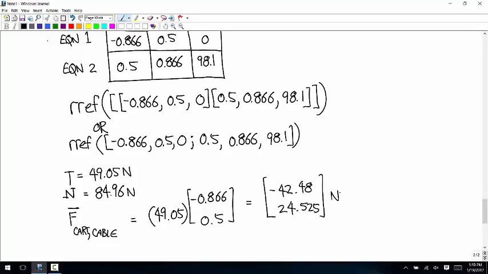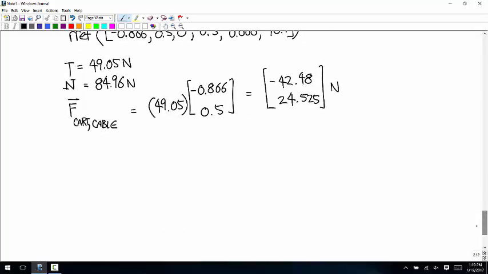Any questions about that? Okay, I have one more question about this one. What's the force vector, so part B, what's the force vector applied to the ground by the cable?